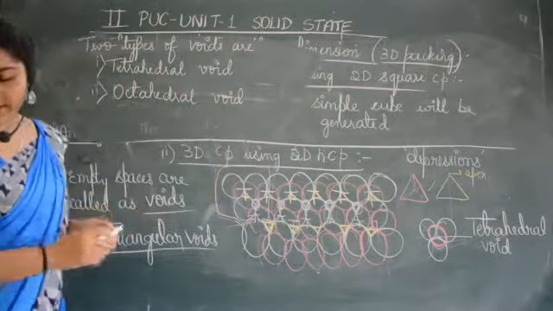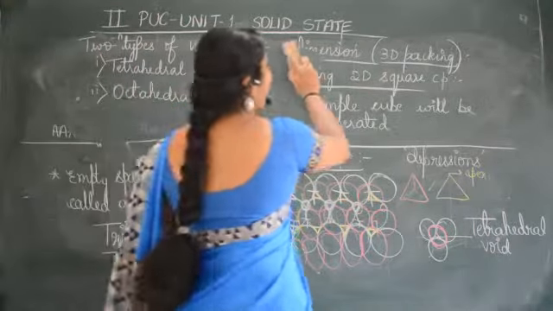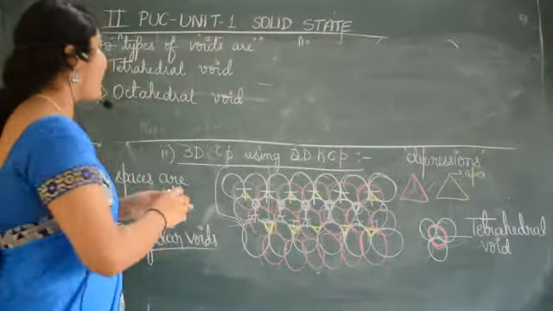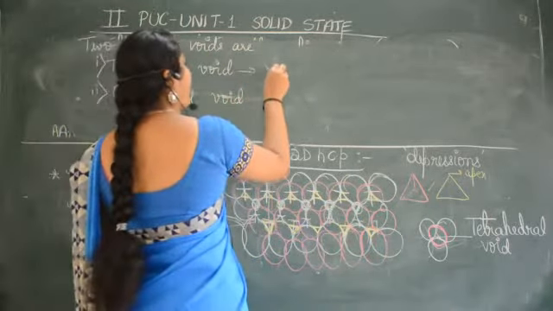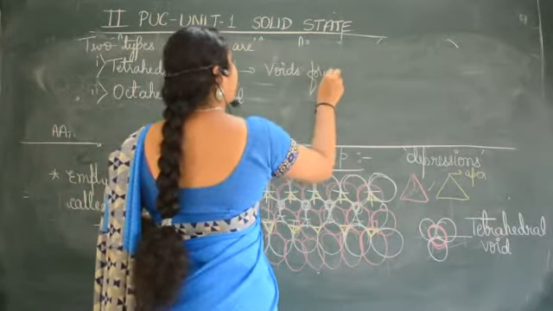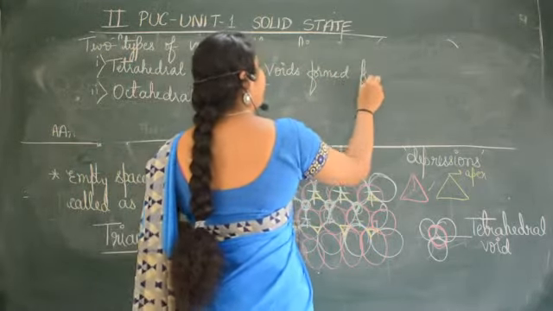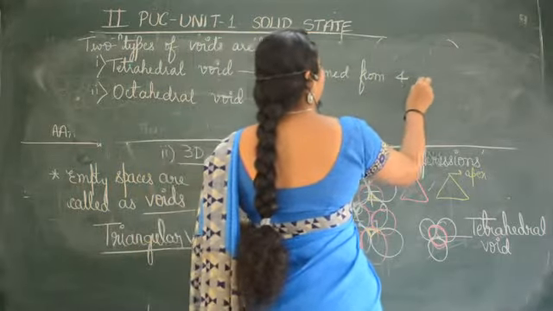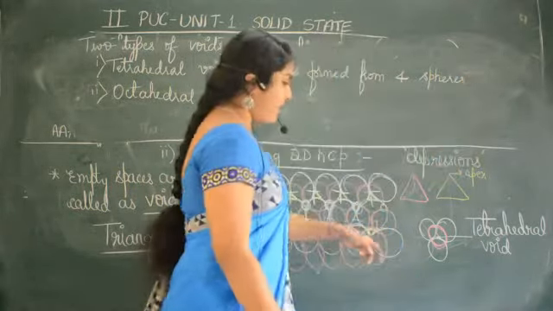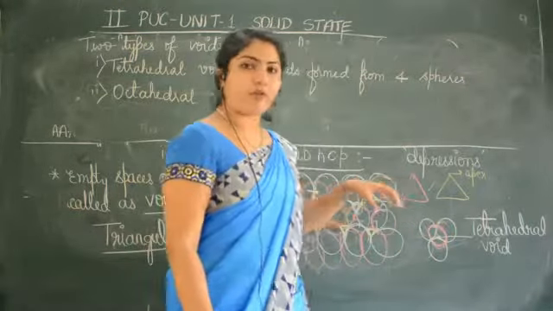What are tetrahedral voids? Tetrahedral voids are voids formed from 4 spheres. Understand, here 1, 2, 3 and the fourth one.